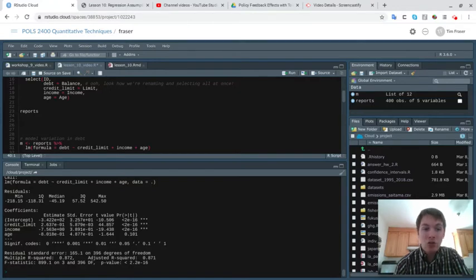And as your age goes up by 1, you get about $0.8 less in debt. Okay? We can see that all of these had statistically significant effects, except for age, so I wouldn't be too confident about that one. But it's a pretty low p-value.